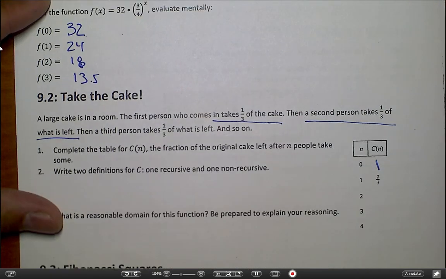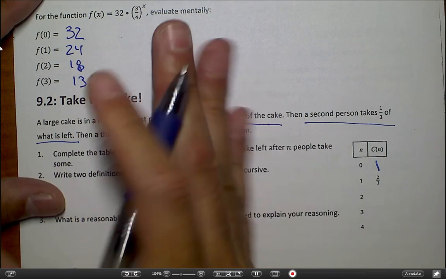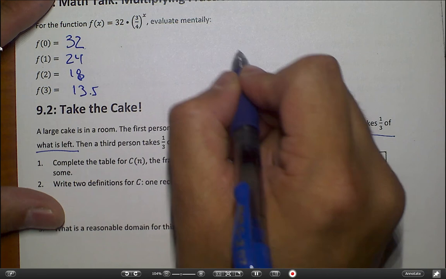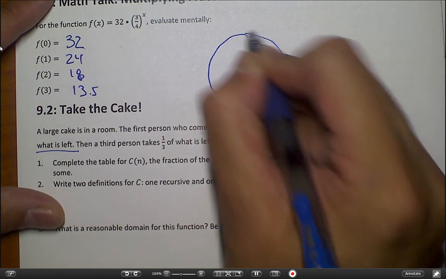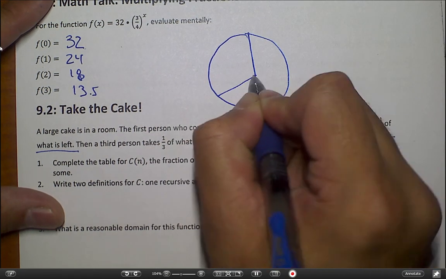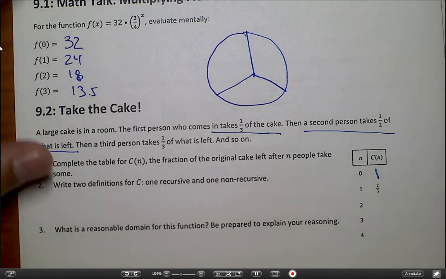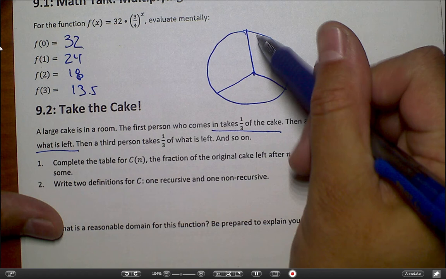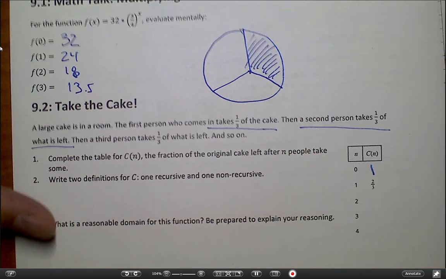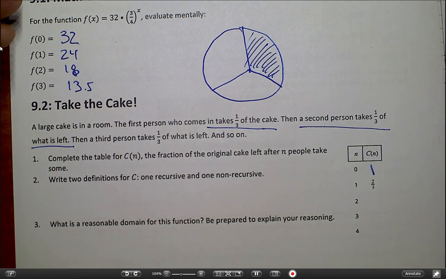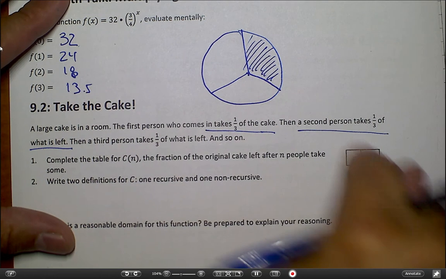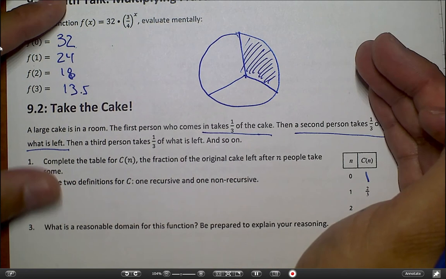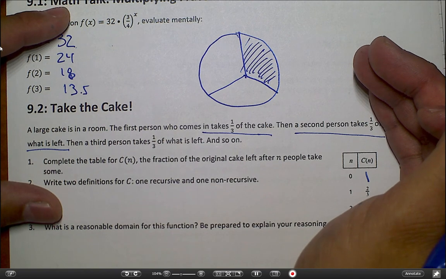But now, if I'm going to take away 1/3 of the cake, I'm going to make my cake round just to make sure. There's my cake. If I take away 1/3, what is left? 2/3, right? I'm going to have 2/3 of that, because that is what is remaining.